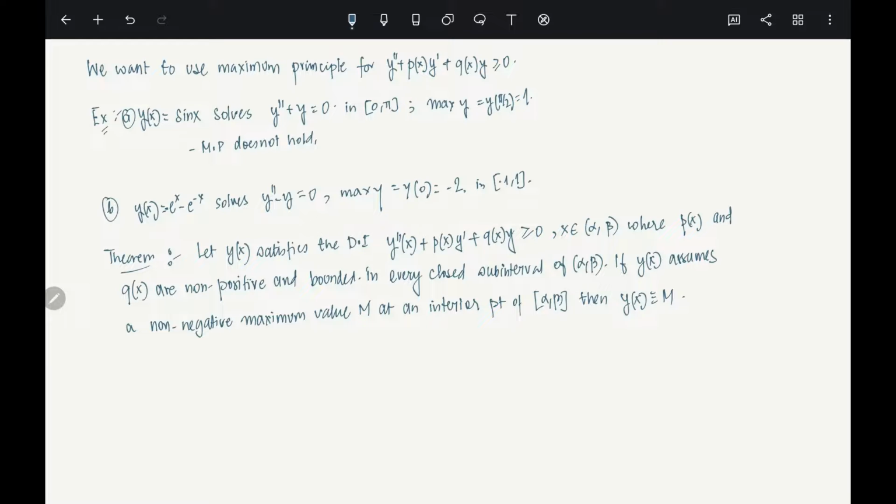So we have the maximal principle. What does it say? It says that if you look at this equation, y double prime plus p(x) y prime plus q(x) y greater than or equal to 0, and both are non-positive.